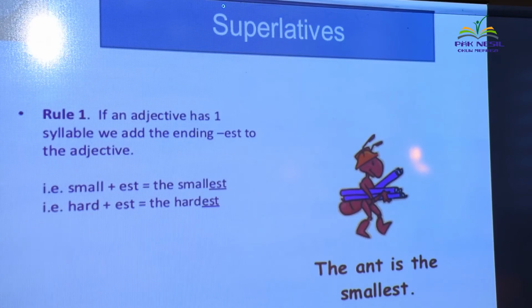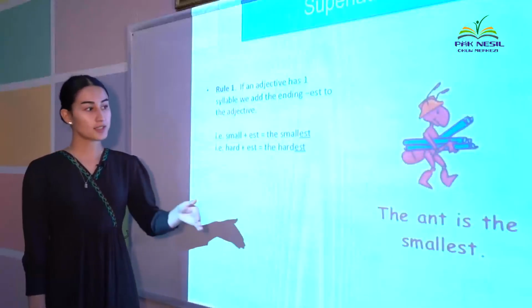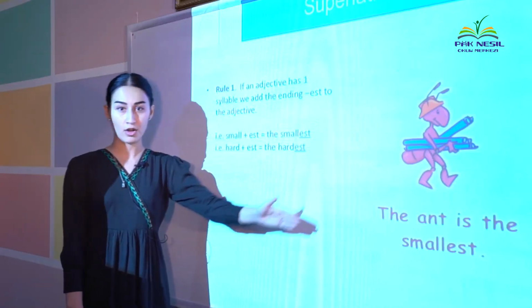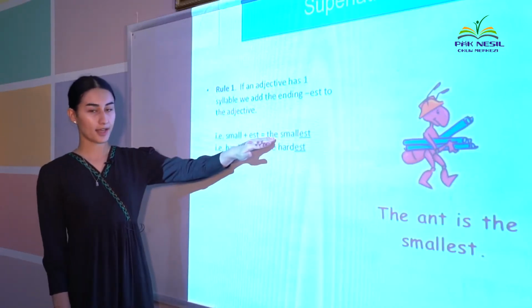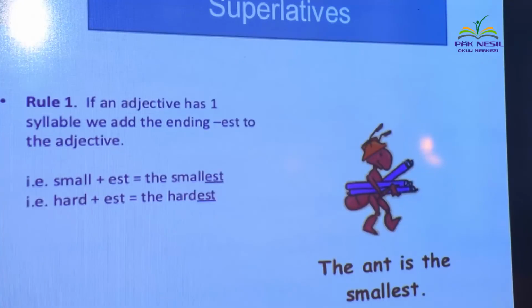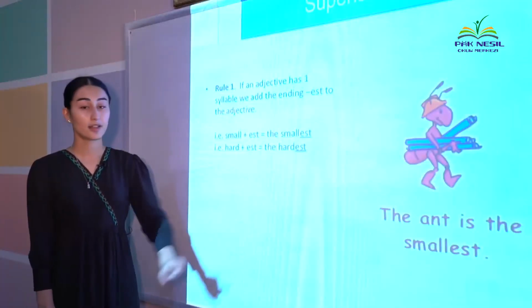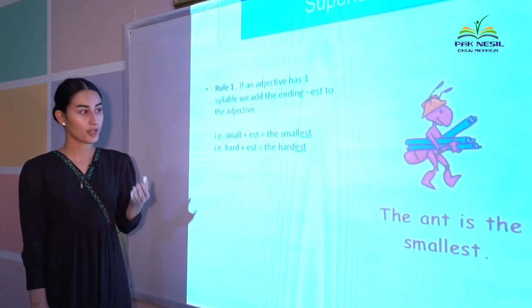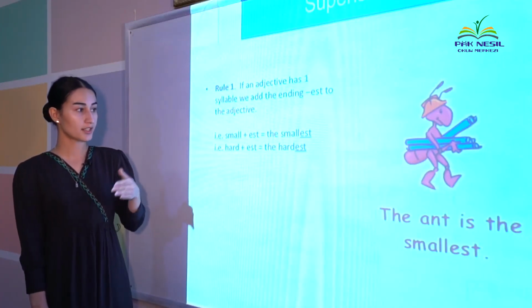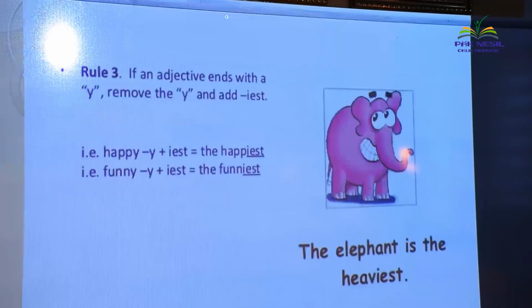So let's make an example. For example, the ant is the smallest. Why do we use the before the smallest? Because the ant is the smallest one and we don't have any animal smaller than the ant. That's why we have to use the article, because it's obvious.